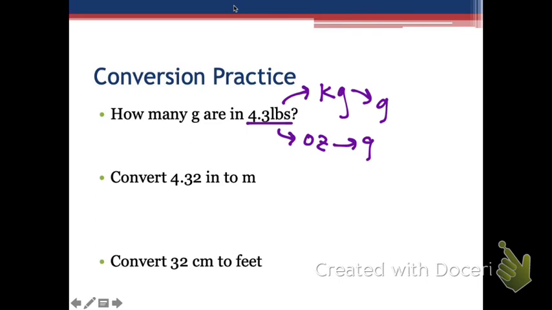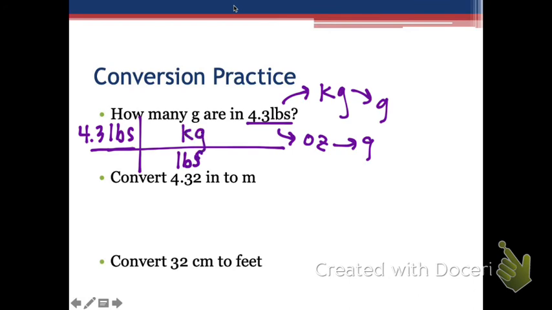Okay, so it doesn't matter which path you choose to get from start to finish. But I'm going to go ahead and go 4.3 pounds. All right, so I said I was going to go pounds to kilograms, and then I'm going to go kilograms to grams.